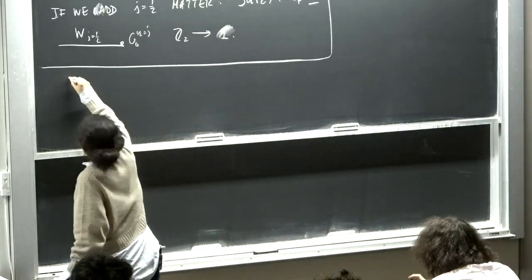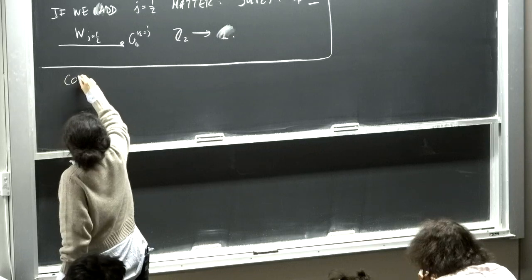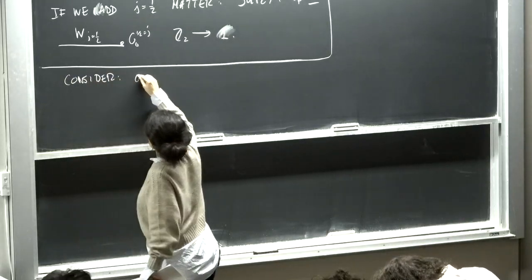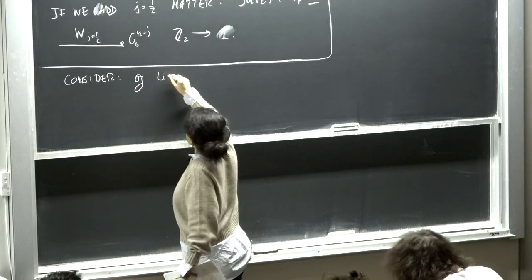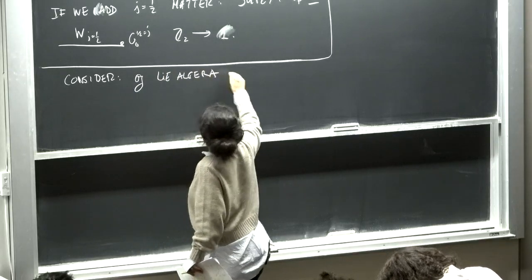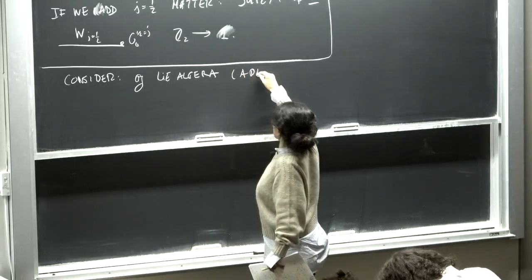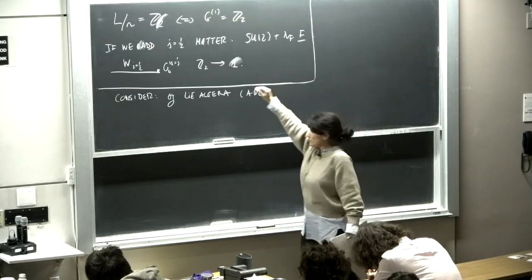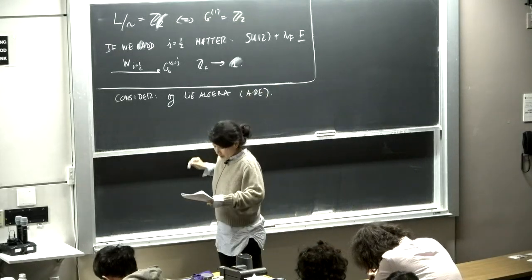So if you start a bit more abstractly, consider some Lie algebra G, and let's take it to be of ADE type. So everything is simply laced. All the roots square to 2.